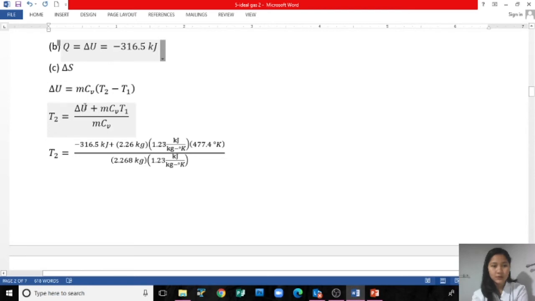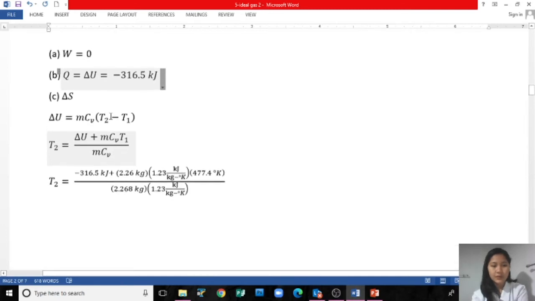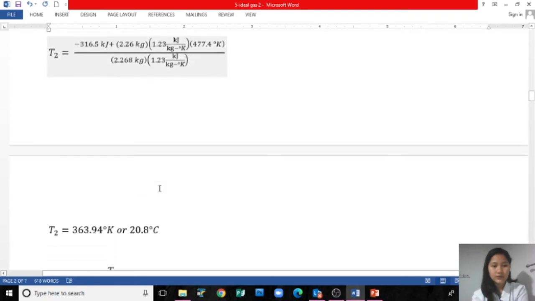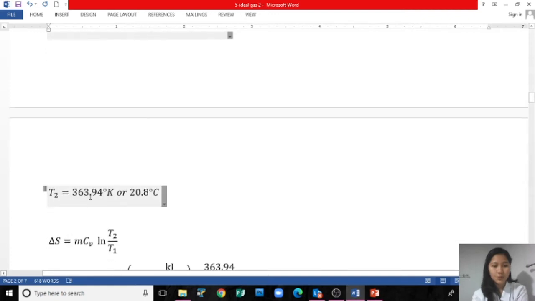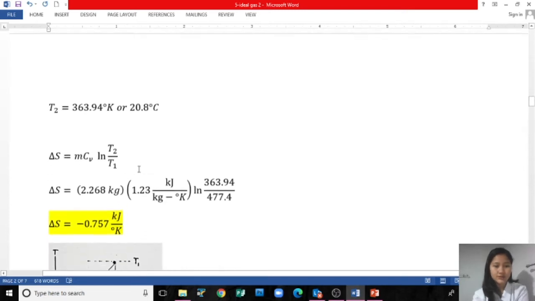T2 is equal to delta U plus mass times specific heat times T1, divided by mass times the specific heat. Substituting all the given to the formula, we have the value of T2, which is equal to 363.94 degrees Kelvin, or 20.8 degrees Celsius.